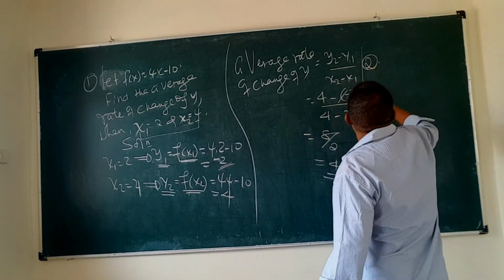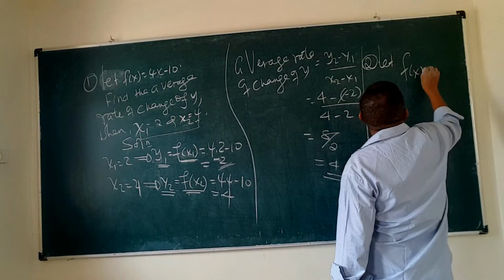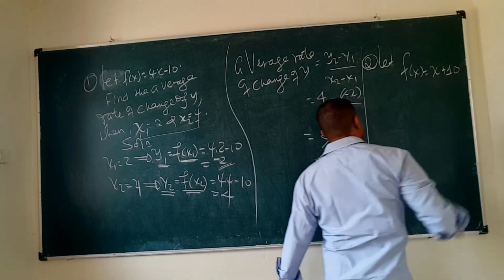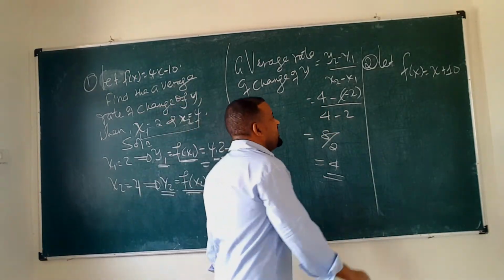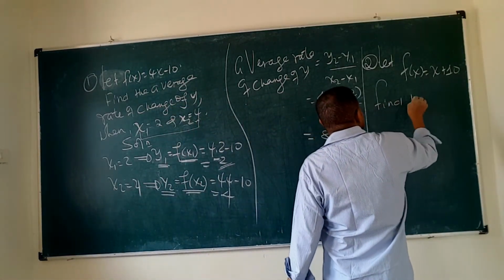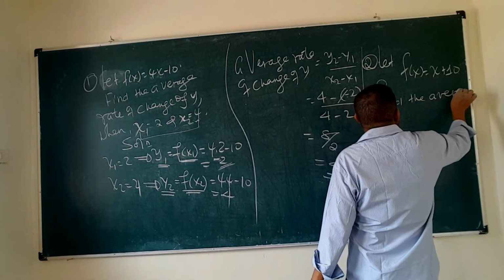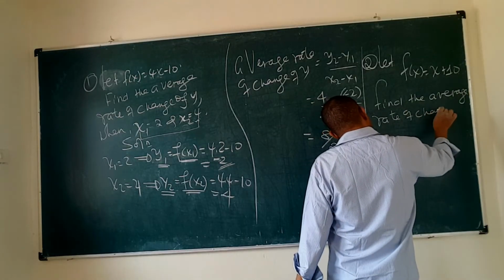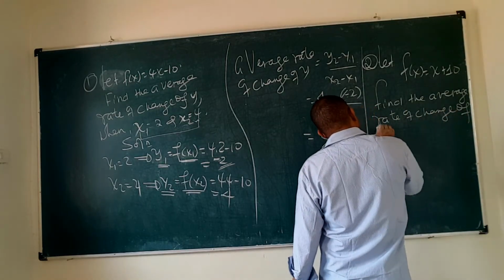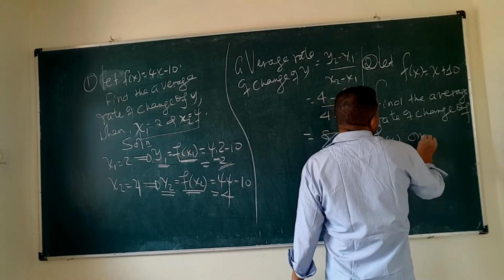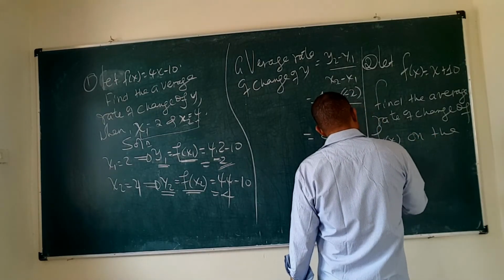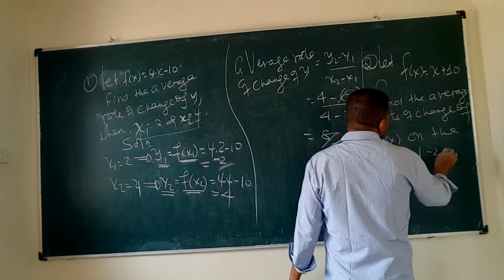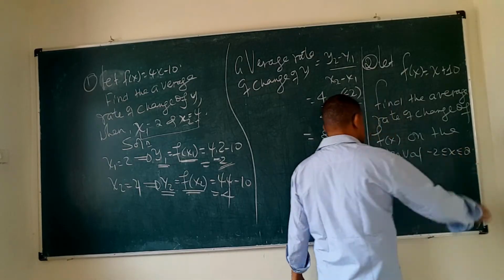The second example. Let f of x equal x plus 10. Then find the average rate of change of f of x on the interval negative 2 is less than or equal to x less than or equal to 2.